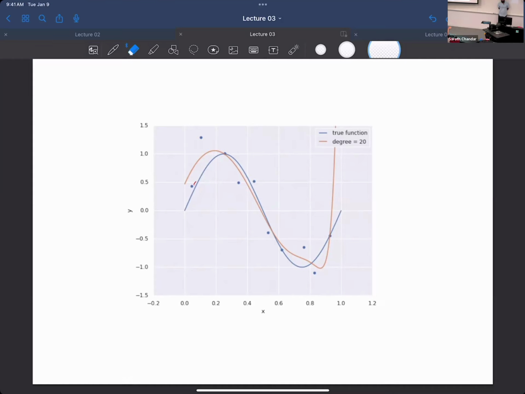Different parameter initialization. Okay, any other thoughts?